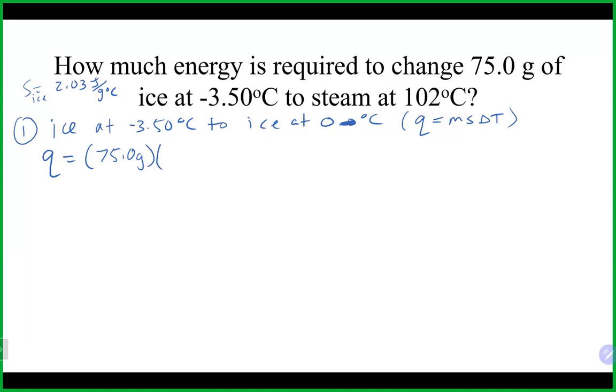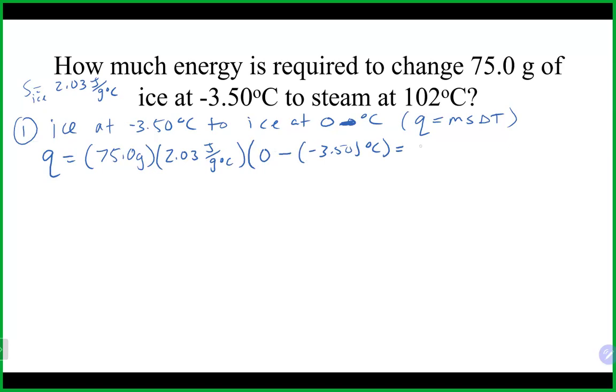We're still at ice, so we need to use the specific heat capacity of ice, 2.03 joules per gram per degree Celsius. Here we want our final temperature, which is 0, minus our initial temperature, which is negative 3.5 degrees Celsius. So we end up with 75 times 2.03 times 3.5.